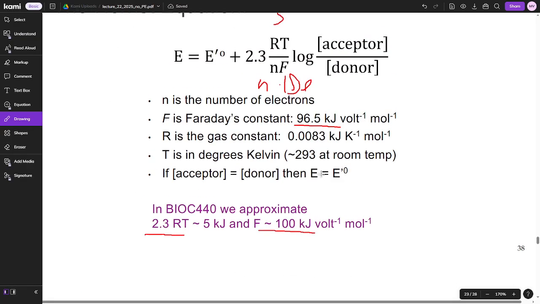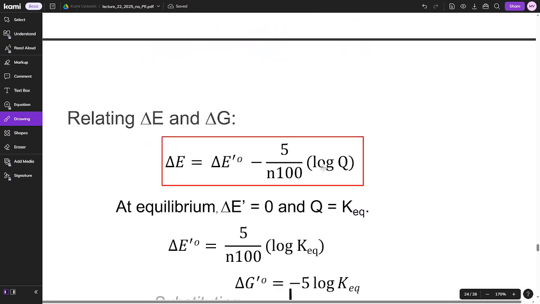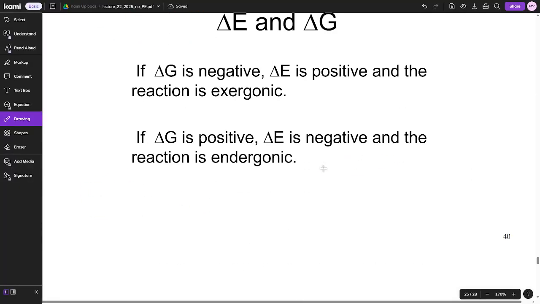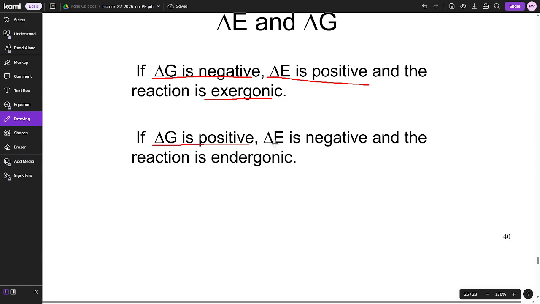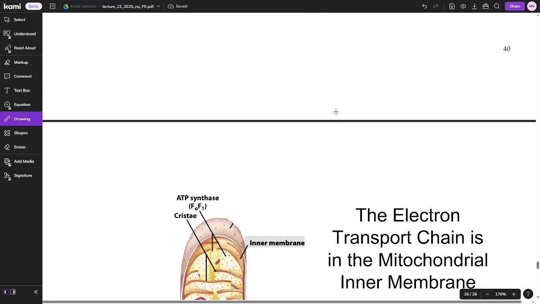No. You just have to realize how this works. So essentially what's going on here is that if delta G is negative, the E is positive, and the reaction is exergonic. If delta G is positive, then E is negative, and the reaction is endergonic, right? So it's actually inverted. If G is positive, E is negative, and if G is negative, E is positive.